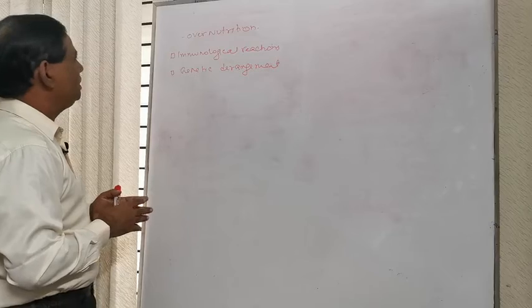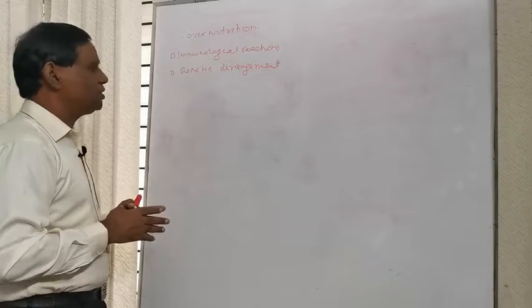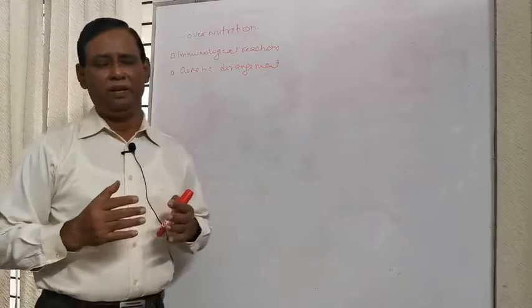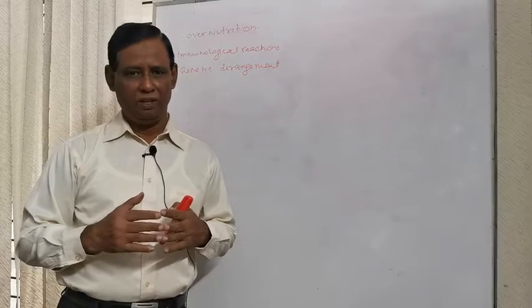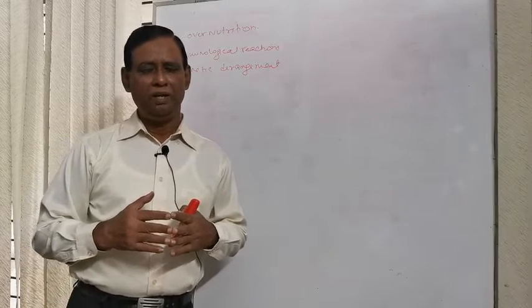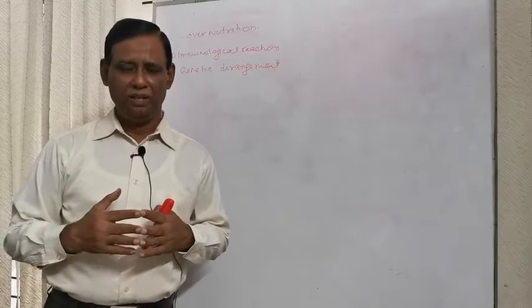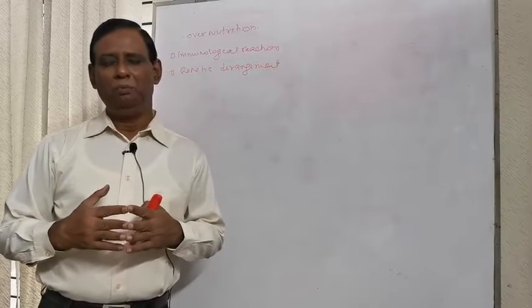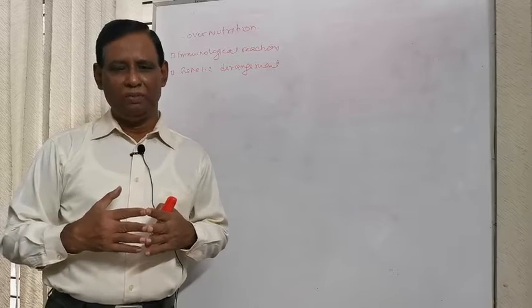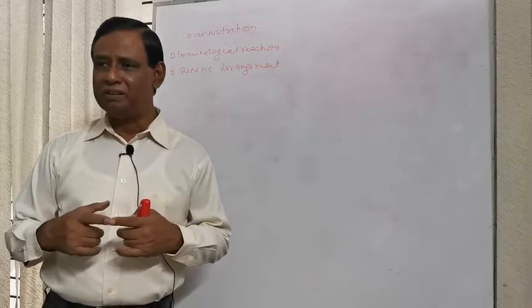I have told you immunological reactions. What it means? It means reaction between antigen and antibody. We can say antigen usually enters in our body. And if antigen enters in our body, there is formation of antibody against it.